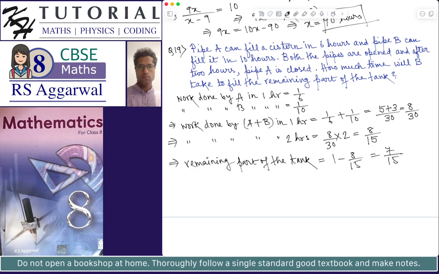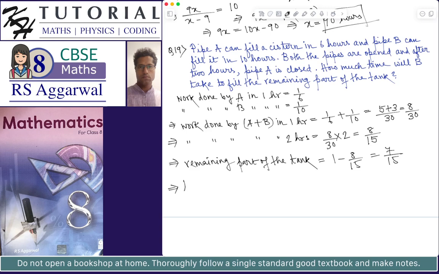Now we have to find how much time B will take to fill this 7 by 15th part of the tank. I have already discussed the concept that if we know the hours in which pipe B alone fills an empty tank, from that information we can find how much time the pipe B will take to fill a certain part of the tank.